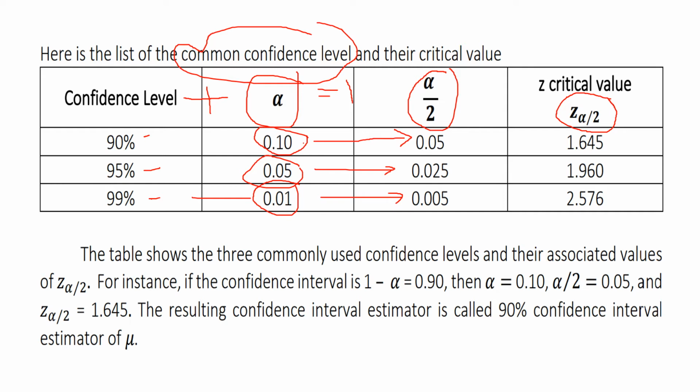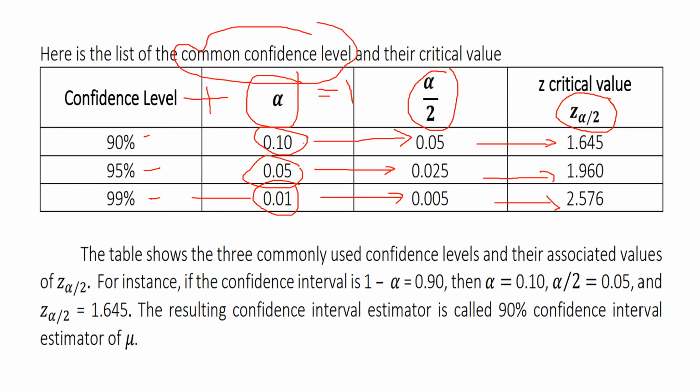For the critical value of C sub alpha over 2, when your alpha over 2 is 0.05, that will be 1.645. Then for 0.025, our critical value is 1.96. And for 0.005, that will be 2.576.